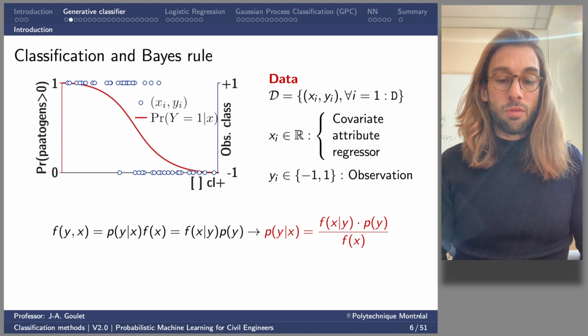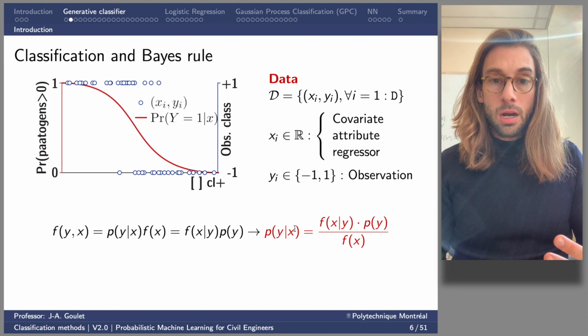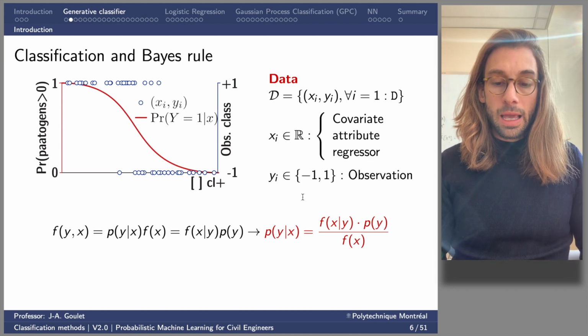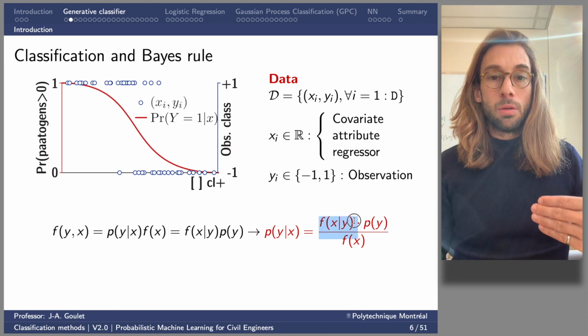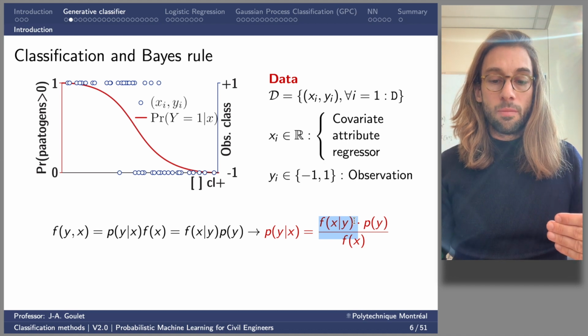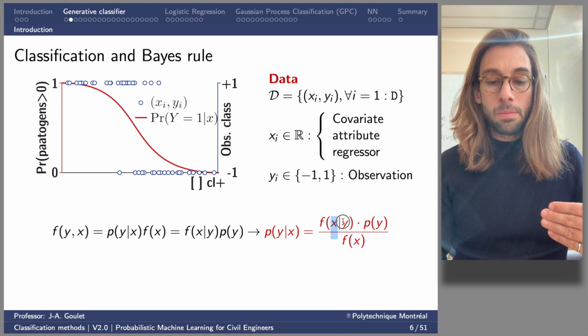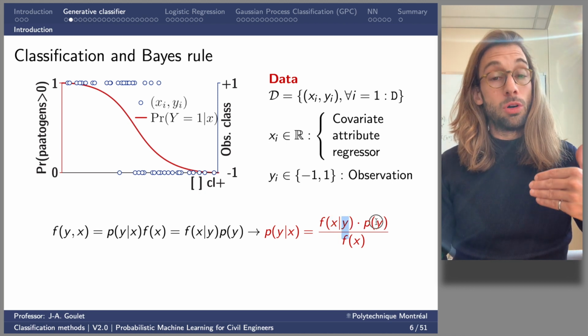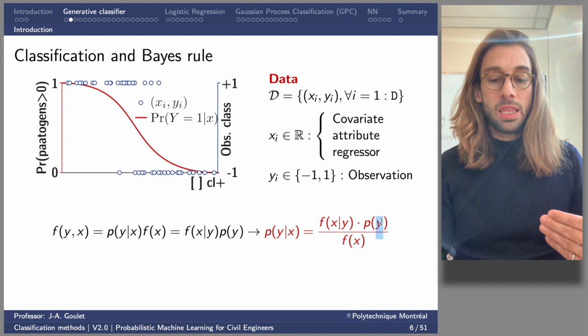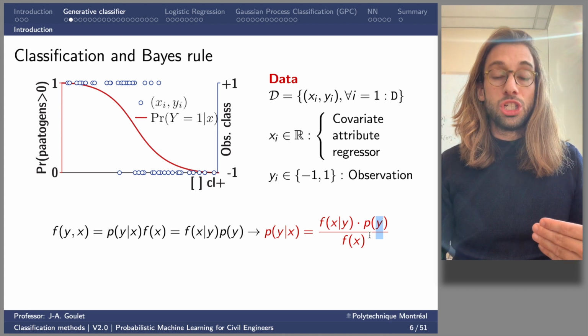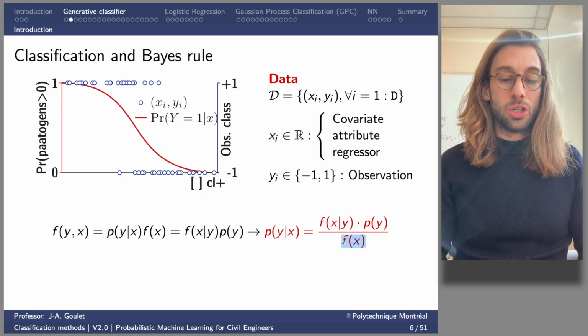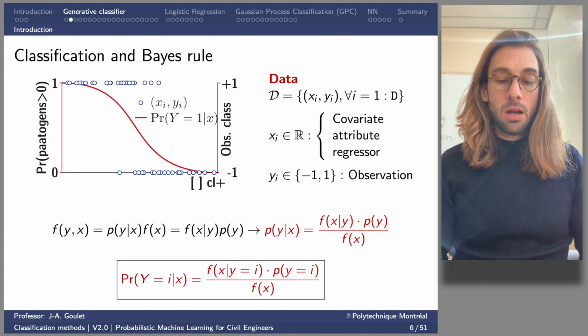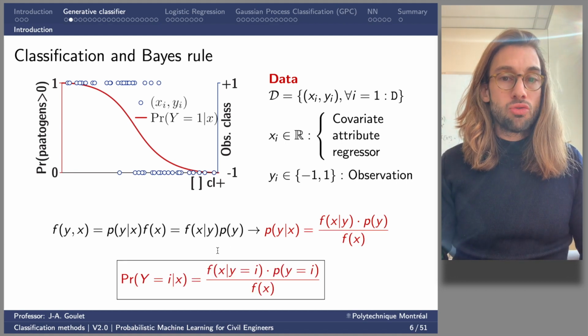The conditional probability of y given x, this is what I'm looking for here, is going to be modeled by my conditional probability density function of my covariate associated with a given class y, times the prior probability of that class y, divided by f of x, which acts here as a normalization constant.